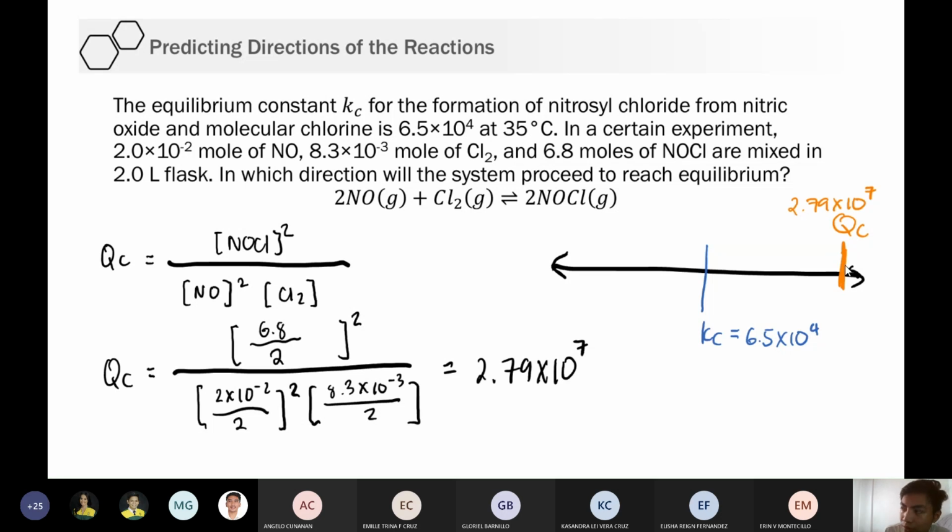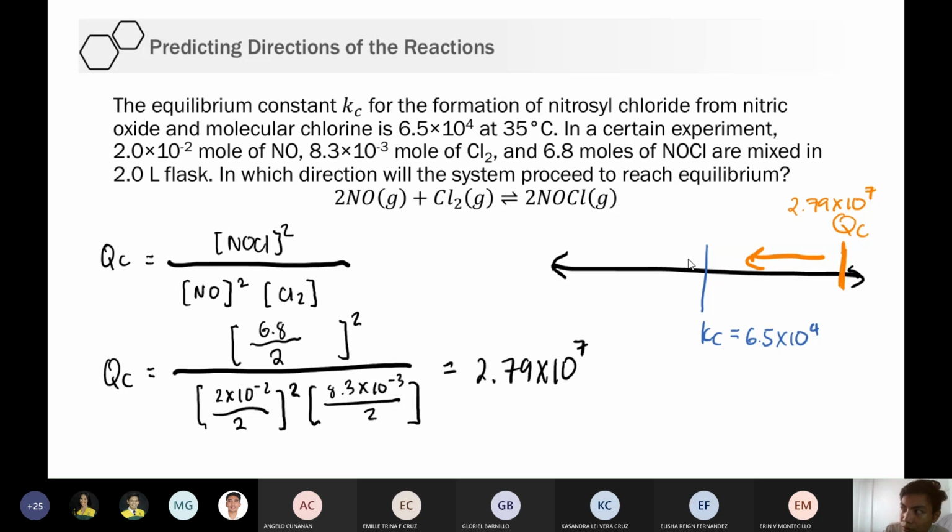In order to achieve equilibrium, how will your reaction proceed? Paano siya gagalaw? To the left, to the right. Siyempre, to the left, no? Kasi andun yung Kc sa left eh.